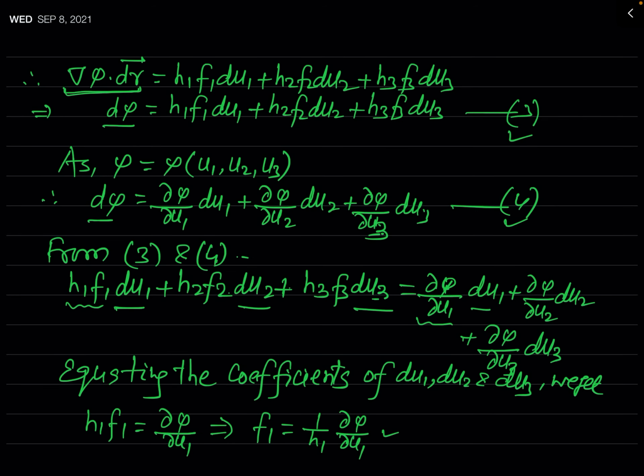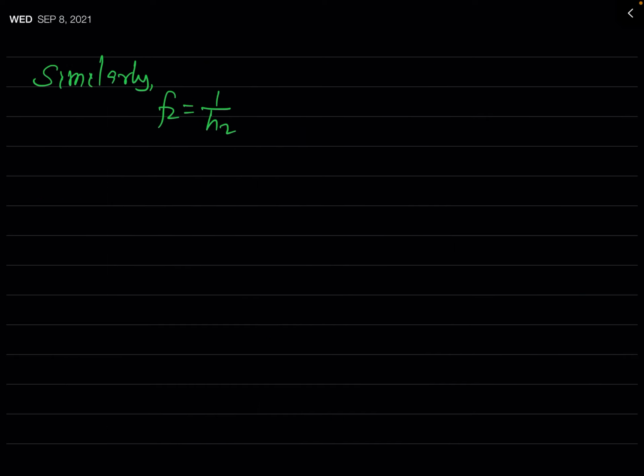You have only to change the subscript 1 to 2. So your result will be 1 over h2 del phi by del u2. And f3 will be 1 over h3 del phi by del u3.